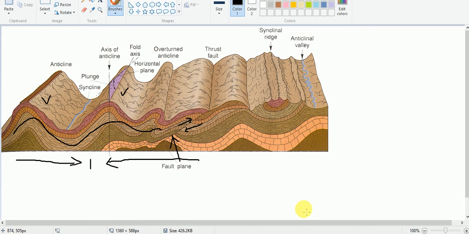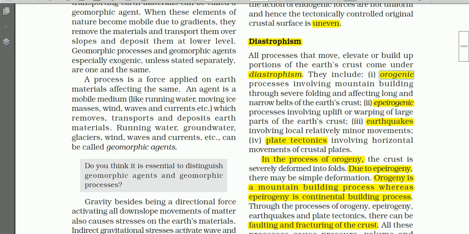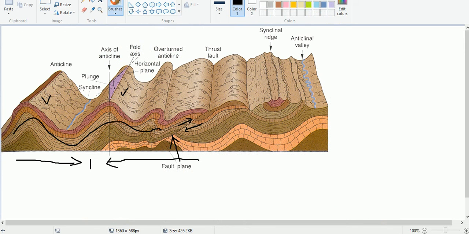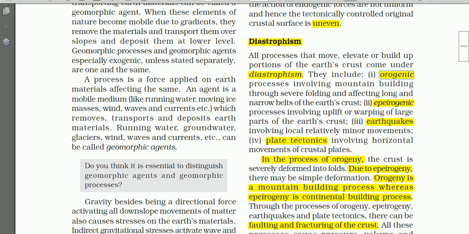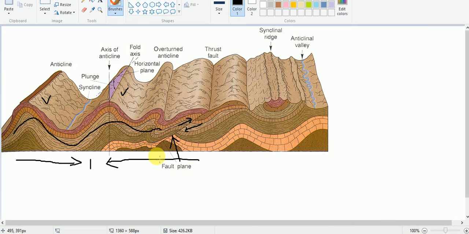So this is about orogenic processes. Orogenic processes involve mountain building movement, this horizontal movement, two forces coming together towards the common point. Because of this movement, these mountains have been formed.